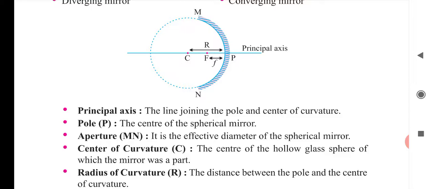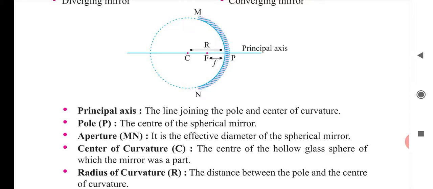As this is a cut part of the sphere, here you can see C as the center of curvature, the center of the hollow glass sphere of which the mirror was a part. So this is what we call the center of curvature. The center of curvature is part of the sphere, but it is not part of the mirror.